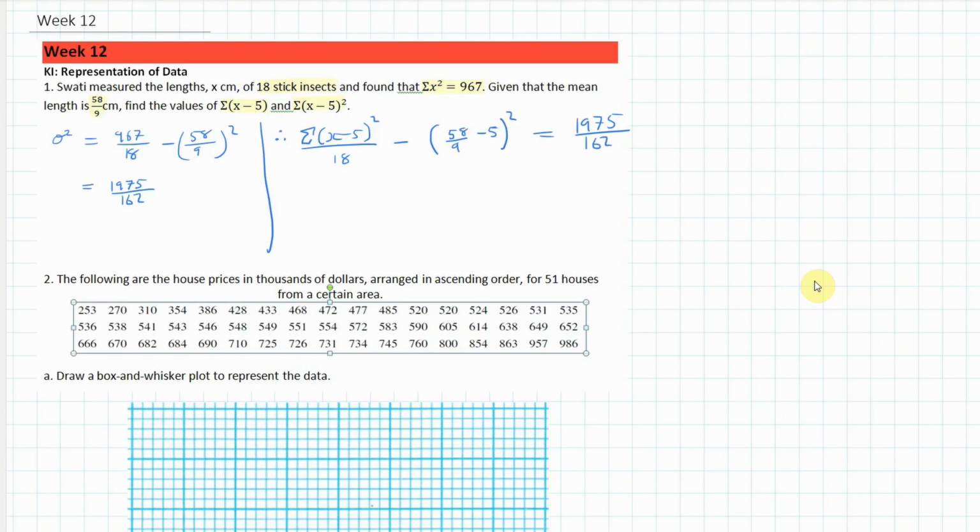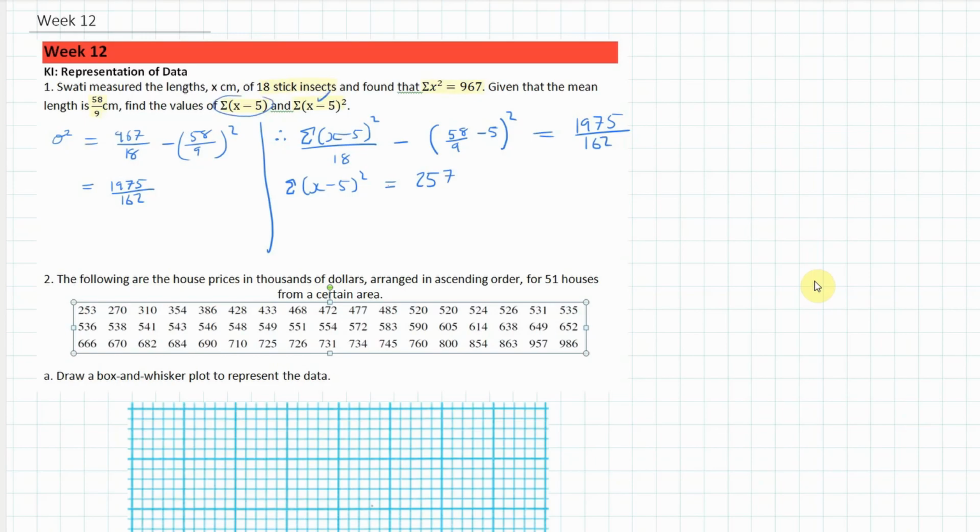And we just rearrange this and we find that the sum of x minus 5 all squared, if we rearrange this correctly, excuse me, I'm getting 257, so that one's done.